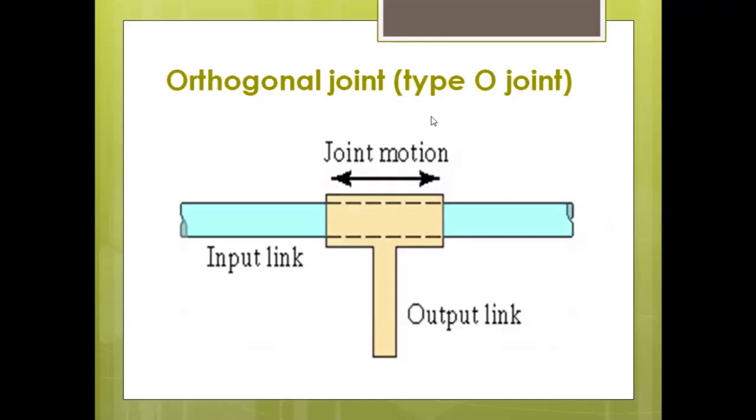Next is orthogonal joint. It is also called type O joint. Here this is the input link, this is the output link. It gives a relative translational motion between input link and output link, but the axis of the output link is perpendicular to the axis of the input link.